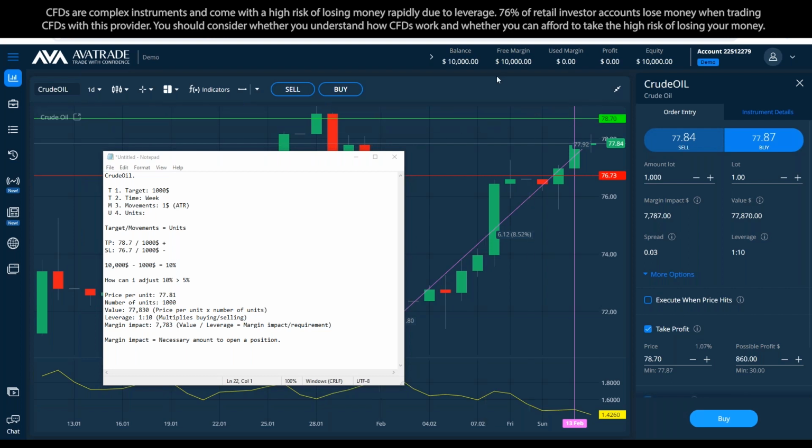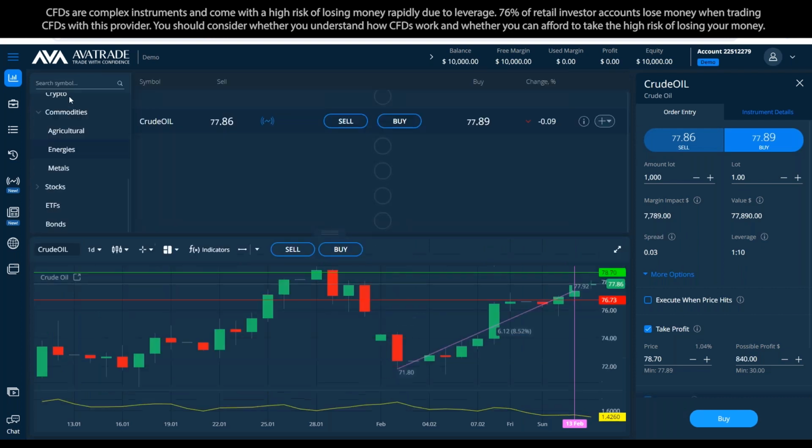From what I see here, they are the same, right? So margin is my interpretation of my balance versus the leverage. If my leverage is 1 to 10, my buying power for this particular asset will be 10 times higher. So my balance may be 10,000 but I can buy 10 times more.